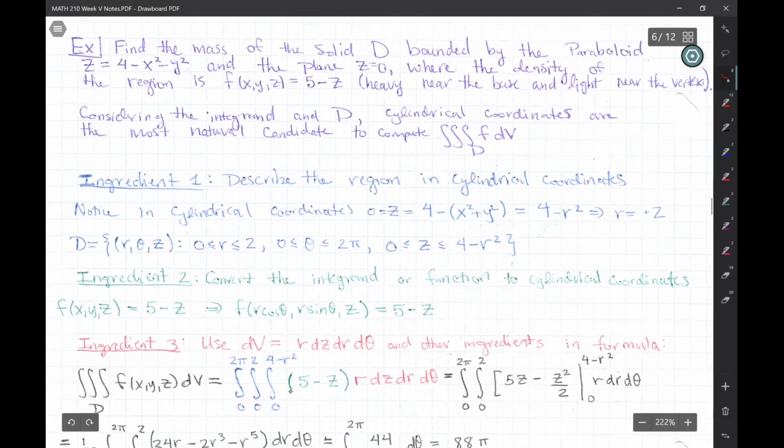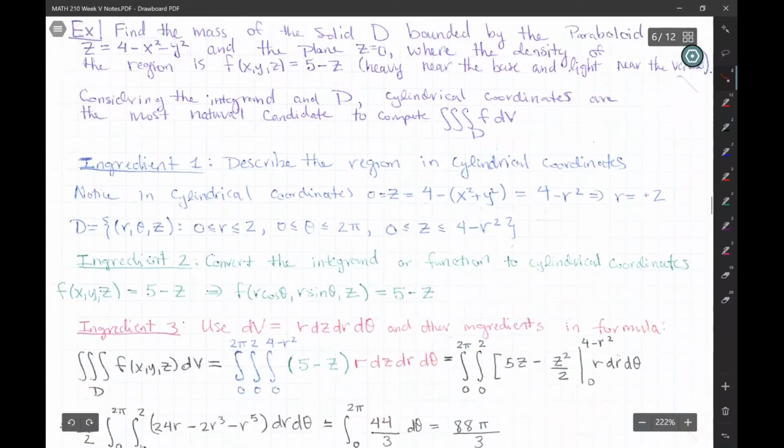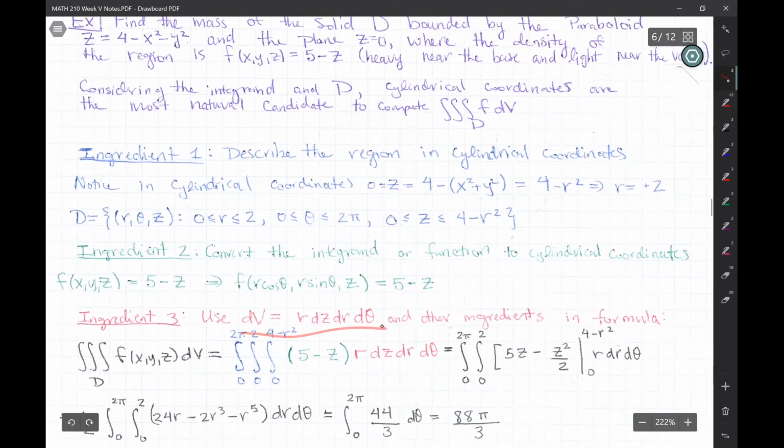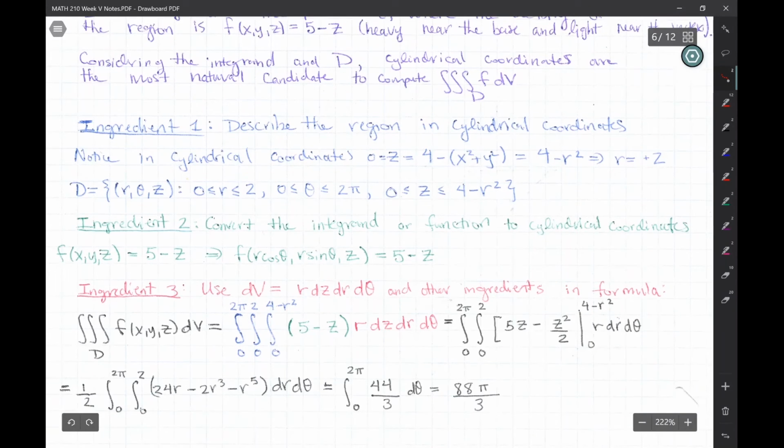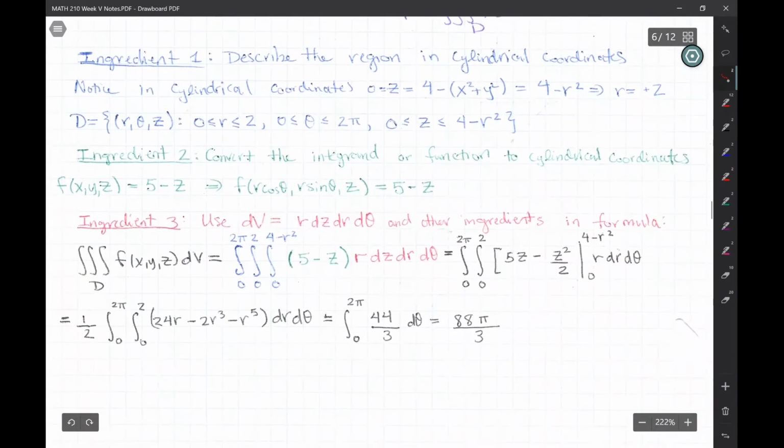And finally, the third ingredient is using the volume element that we found for the wedge above. We use the volume element given here and the other ingredients in our formula. The formula above over here, with F being converted, the volume element, and the bounds. So where do we get the bounds? They're in blue, because we get them from ingredient 1.